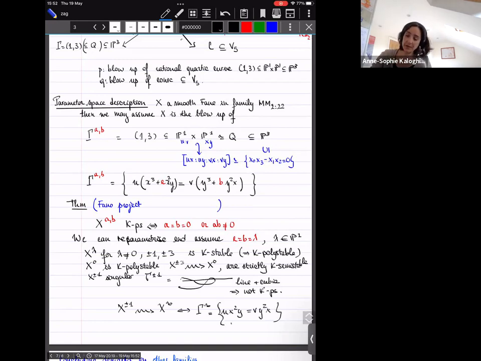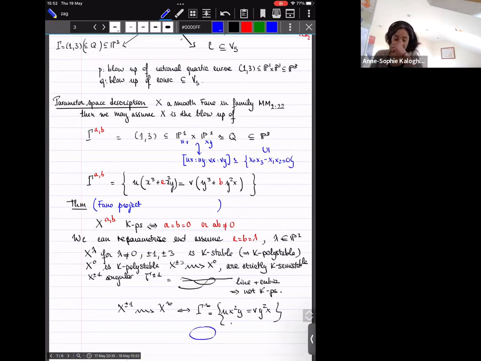And what's this curve? This curve is a conic. So this is the conic ux plus or minus vy equals 0, and then two distinct lines that correspond to x equals 0 and y equals 0. And we find that this X infinity is K-polystable.